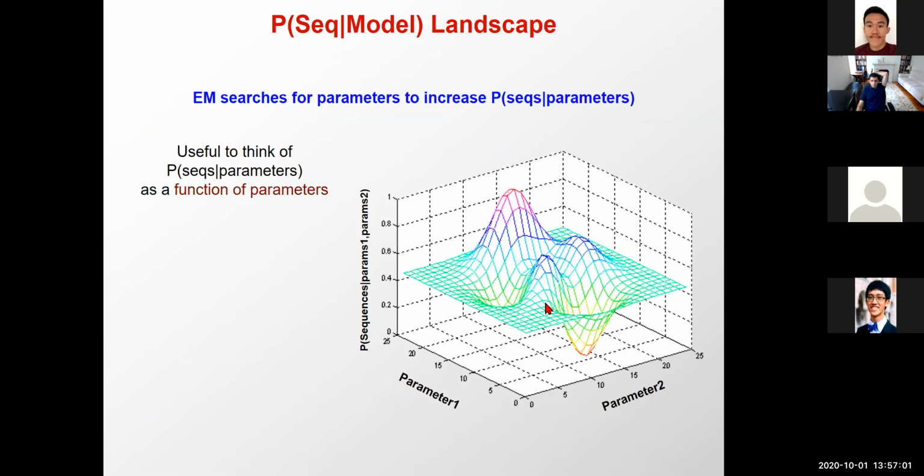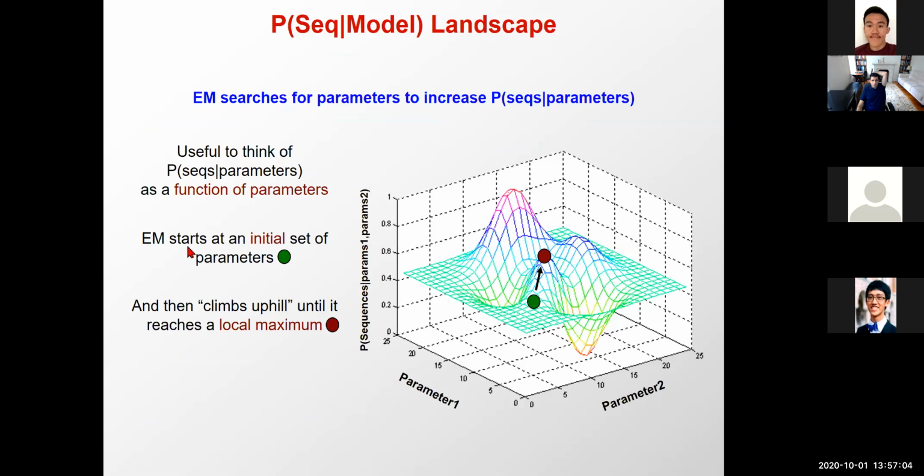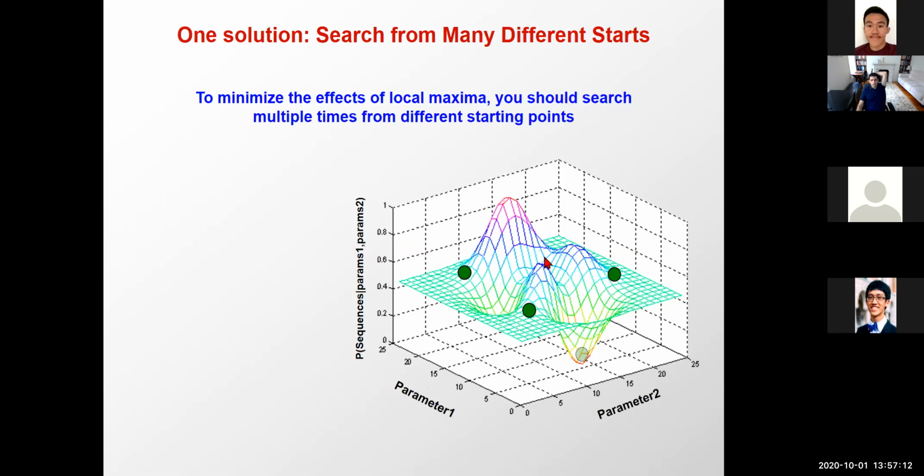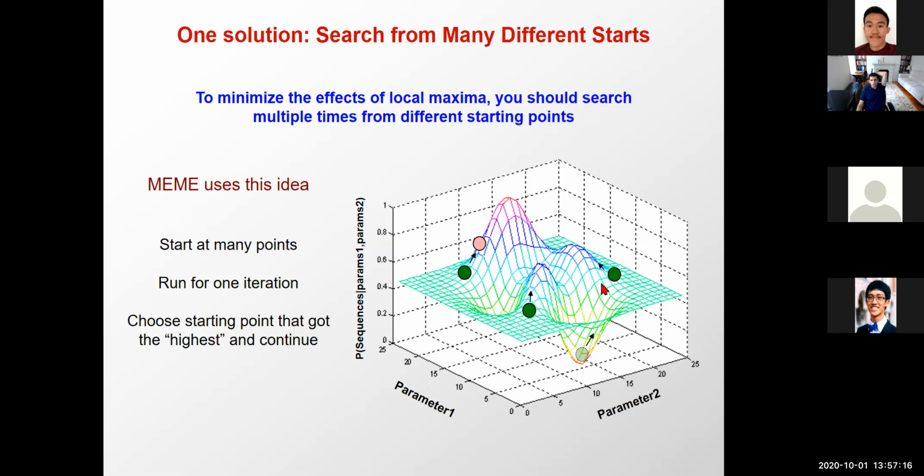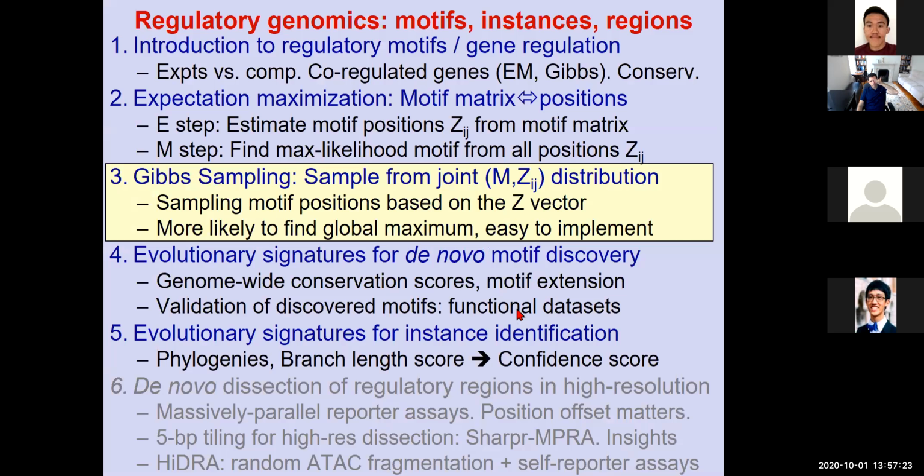The way to visualize this is that you have some initial set of parameters that you're starting from, and then you're hill climbing until some kind of local maximum. And if you initialize in different positions, this hill climbing will get you sometimes to a local maximum and other times to the global maximum, okay? So that's for expectation maximization, where you're basically always hill climbing using all of them together.